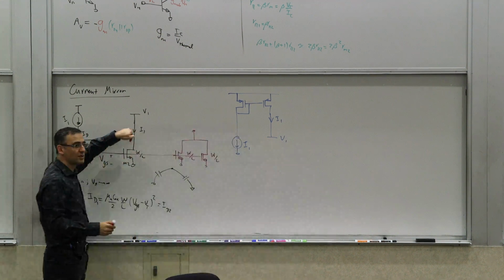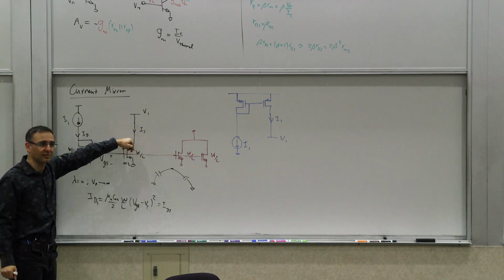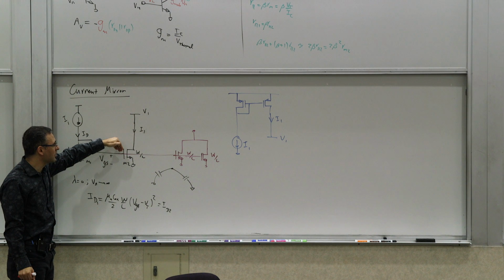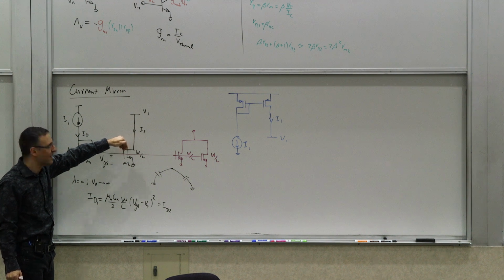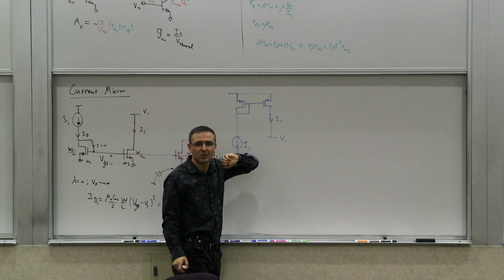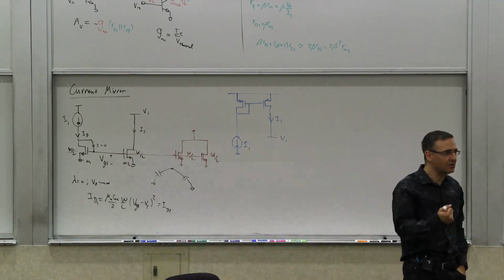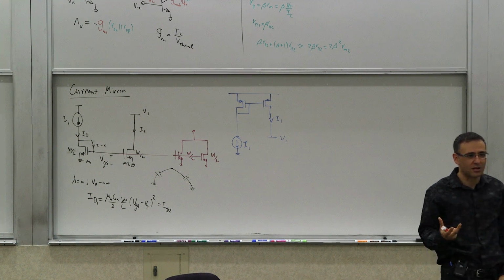This is a current source that does what? Source or sink current? It can sink current, right? So an N-type current source can sink current. And a P-type current source can source current. So if you needed to source current, you can use a P-type current source. If you needed to sink current, you can use an N-type current source.